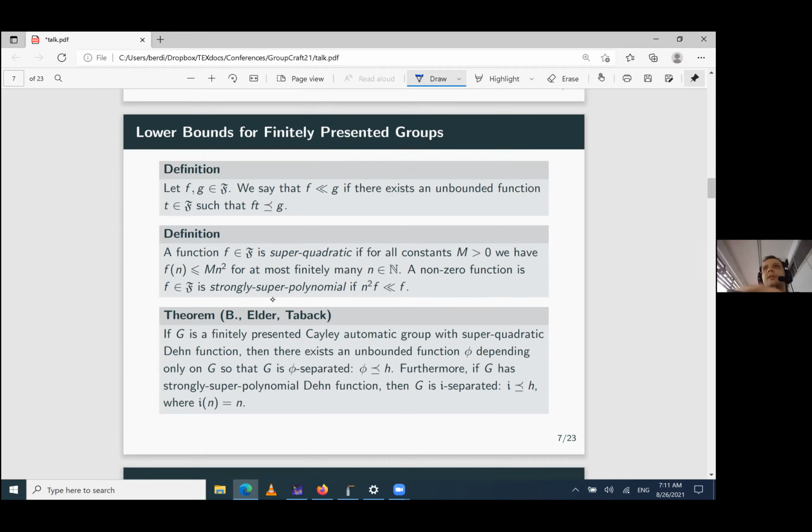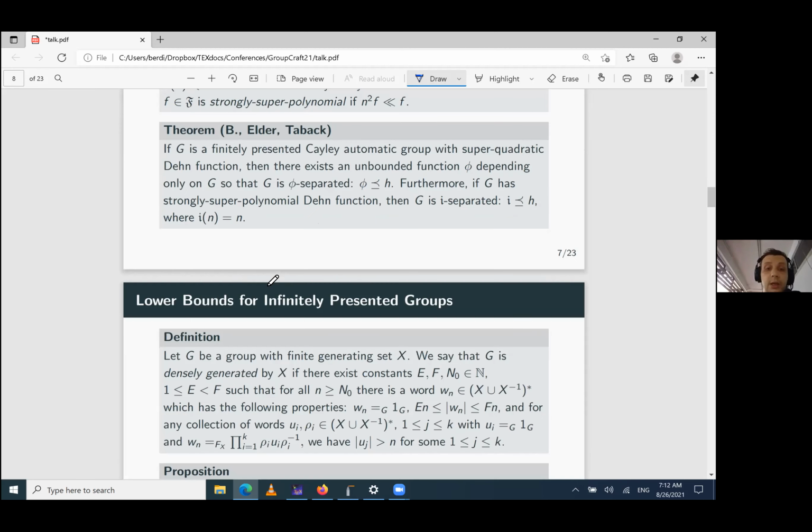So you may think it's like a linear function. And these gaps are simply bounded from below by a linear function. So this is the result that we have for finitely presented groups.